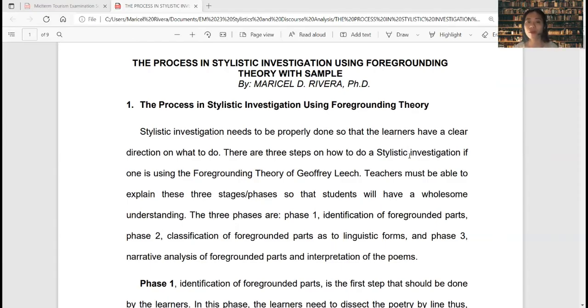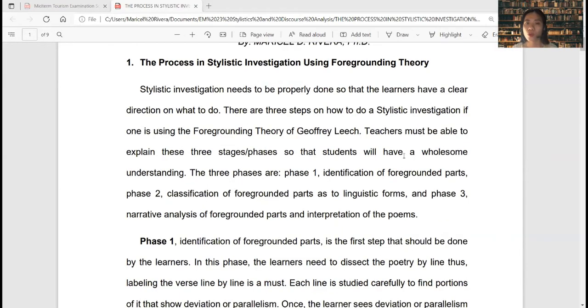In phase one, we are going to scrutinize first the text line by line. So for example, you found this portion, there is a foregrounded part, so you're going to write it, what it is.